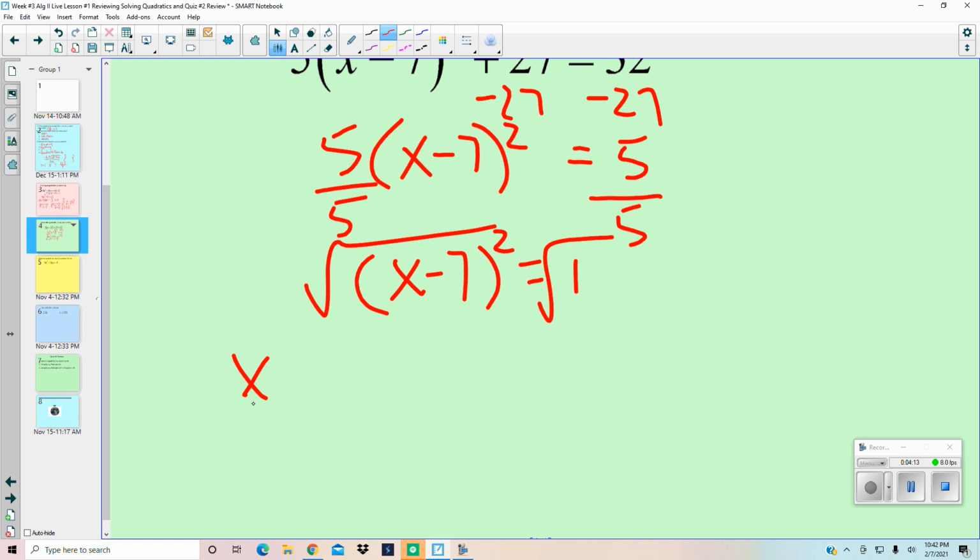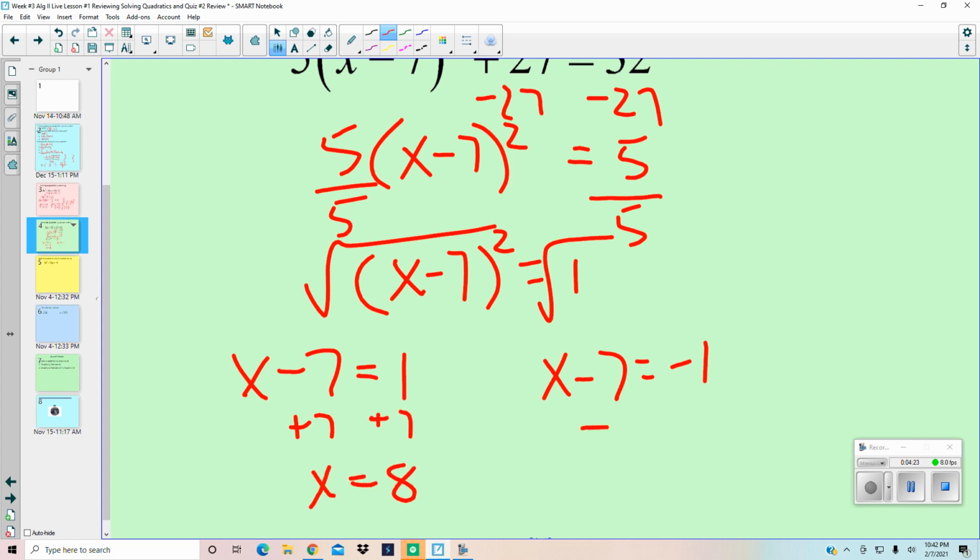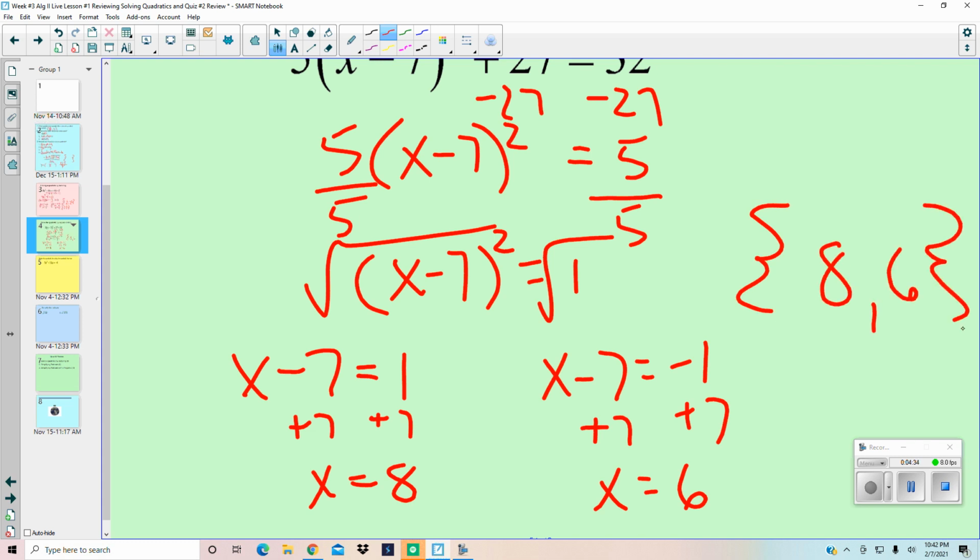So you'd have x minus 7 equals positive 1 and x minus 7 equals negative 1. So you'd add 7, giving you x equals 8 and x equals 6. So then you'd put those in brackets, 8 and 6 for the x-intercepts. And the order doesn't matter how you write them.